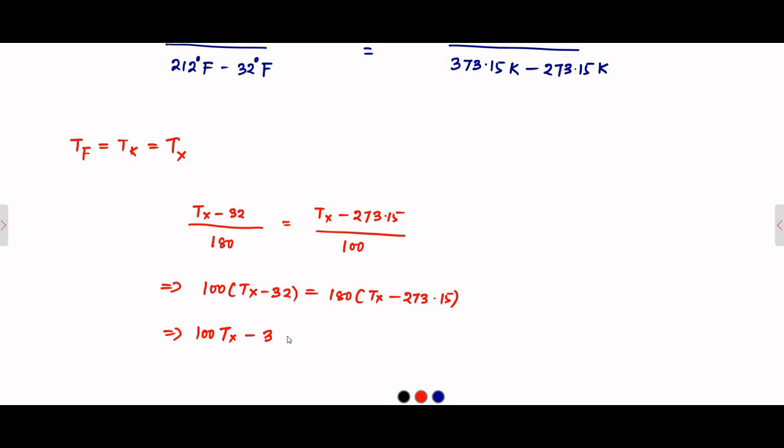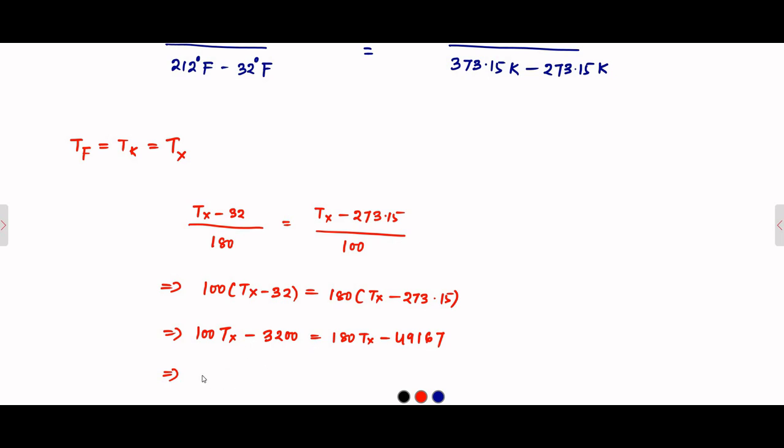That implies 100 Tx minus 3200 is equal to 180 Tx minus, it's coming around, 49167. Be a little bit careful with these calculations, because if you get one of them wrong, then the whole answer will be incorrect.